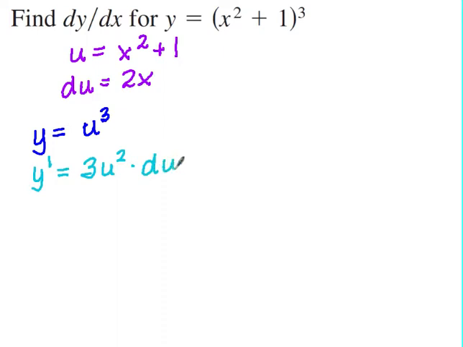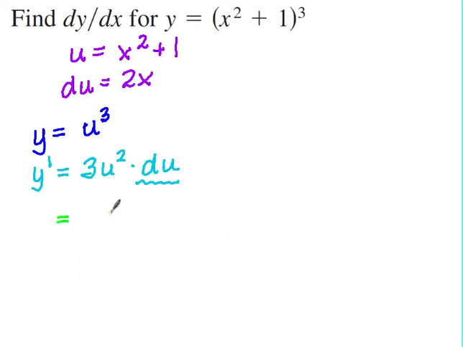Now we're going to have to do something a little different. We're going to take it times du. The reason we add the du is because we're actually finding the derivative of x. Since now we've got du in there, the variables don't match, and I'll explain that more when we get to section 2.5. But you always need to add that du on. Our final step is going to be to plug in u and du.